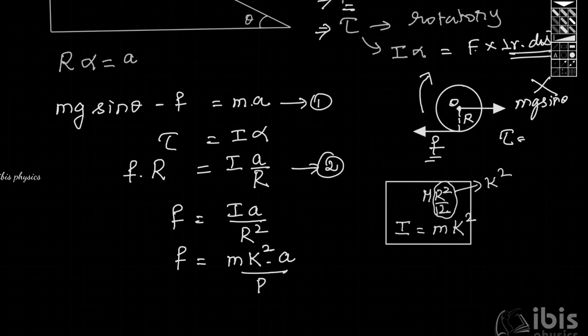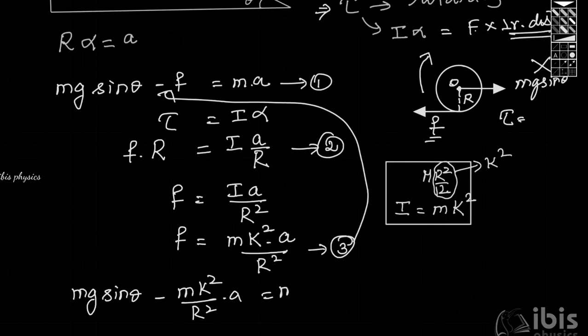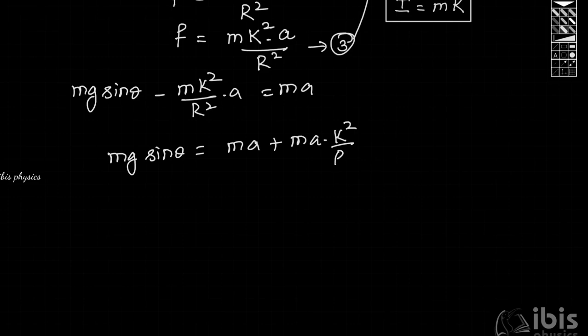a by R square. Let's call this equation 3 and substitute equation 3 in the first equation over here. So mg sine theta minus m k square by r square into a equals ma. So now mg sine theta is equal to ma plus ma into k square by r square.